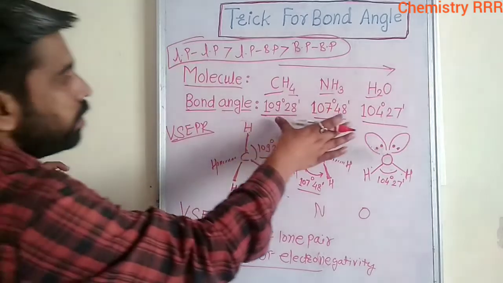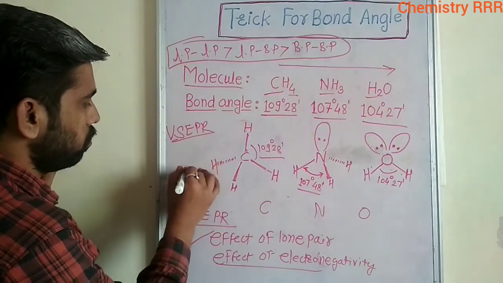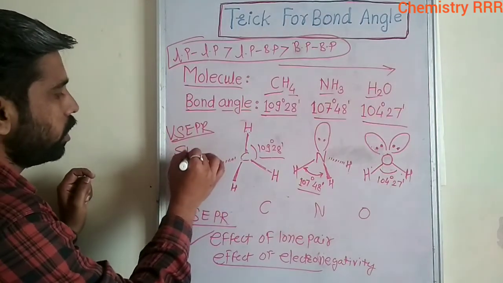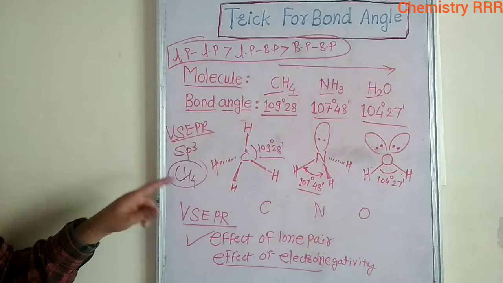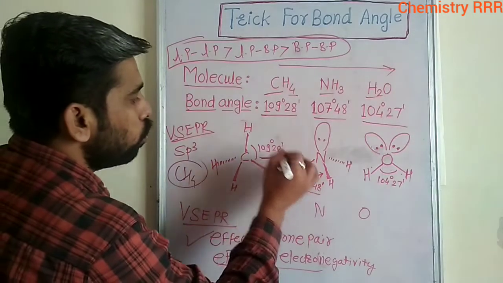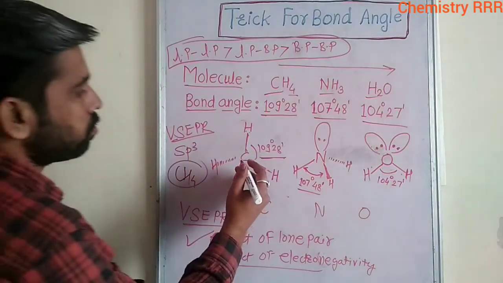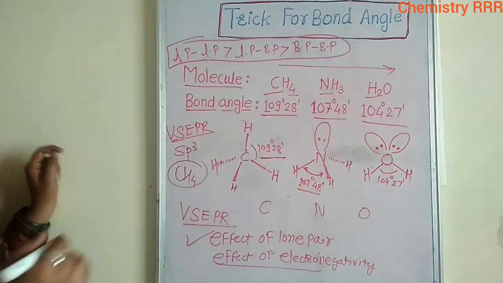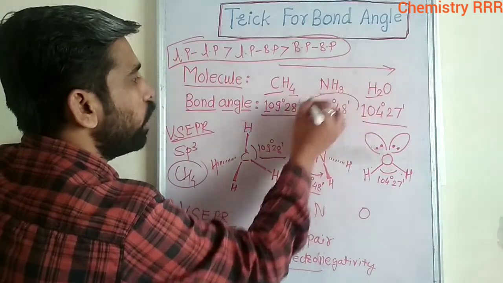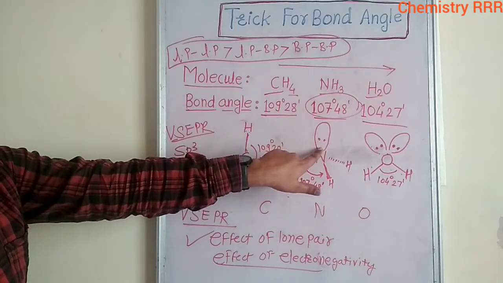Now in this case, the methane molecule has sp3 hybridization and an ideal tetrahedral geometry, with bond angle 109 degree 28 minute. But the ammonia has a 107 degree 48 minute bond angle because of the presence of one lone pair.